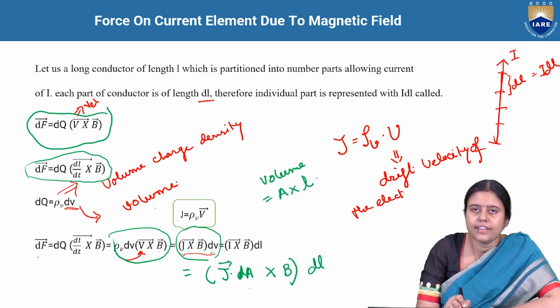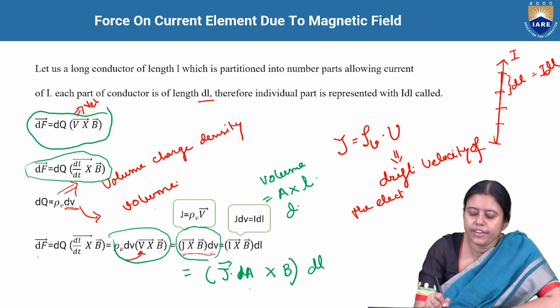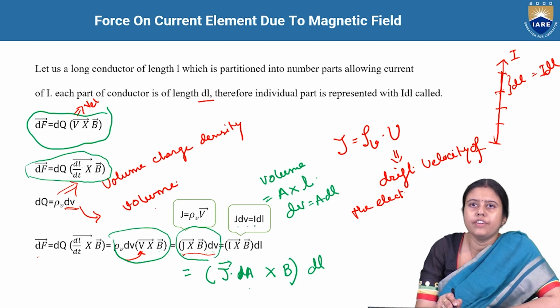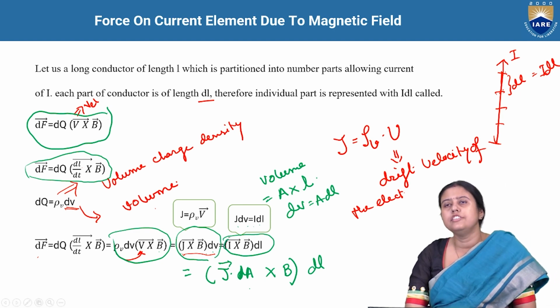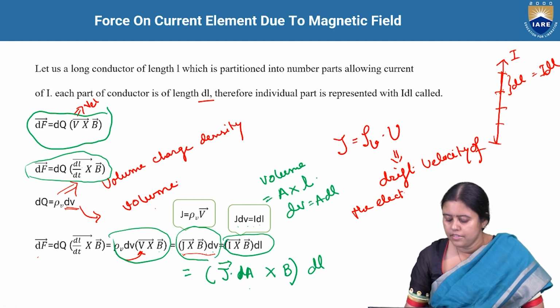So dV can be written as A into dl. J into dV can be written as I into dl. So I into dl cross B. So the same equation we can write in a different manner.